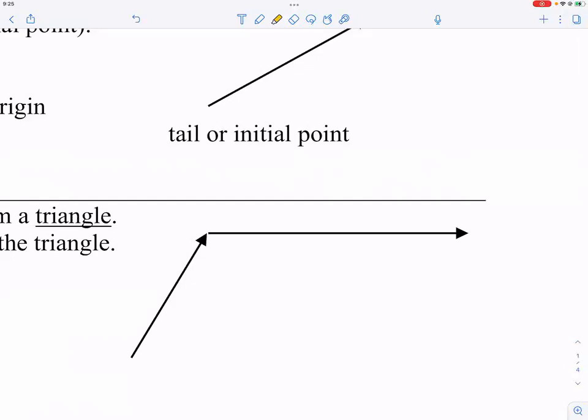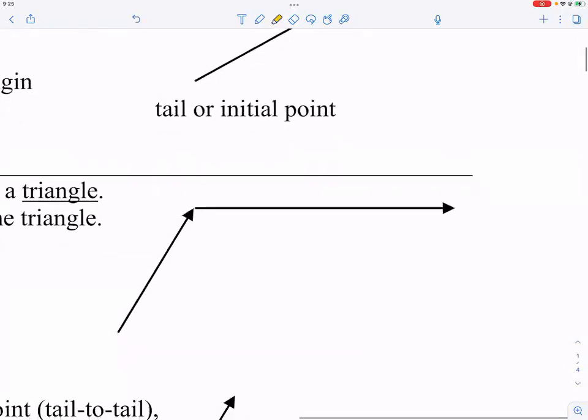Now, on this diagram, we are going to draw something here that's called a resultant vector. So this is not an individual vector, and we're not doing the head to tail for this one.